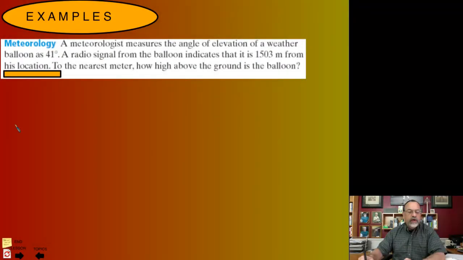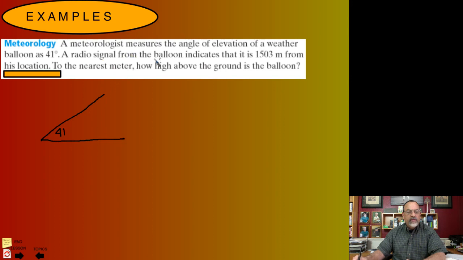One more example really quickly to help you out, so as you see this you can tackle these in your homework. A meteorologist measures the angle of elevation of a weather balloon as 41 degrees. So we have an angle of elevation that's given to us. So we need a horizontal side and we need the line of sight or angle of elevation looking up, and this is 41 degrees.